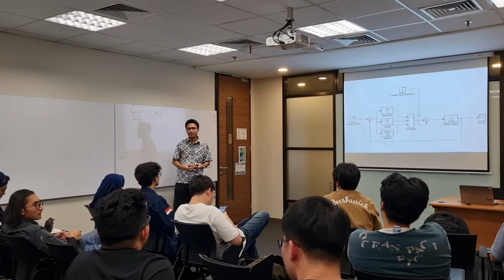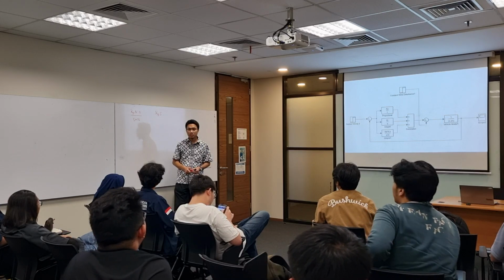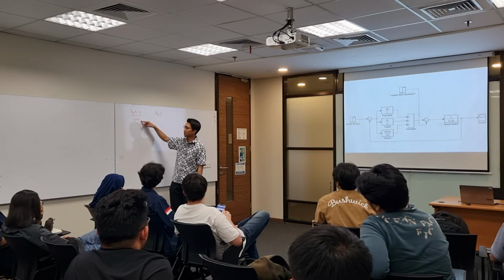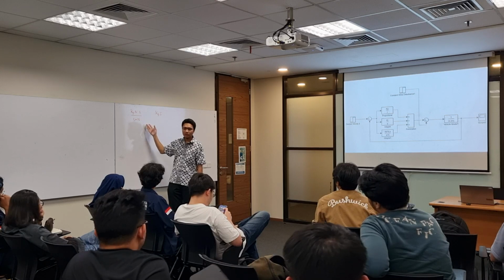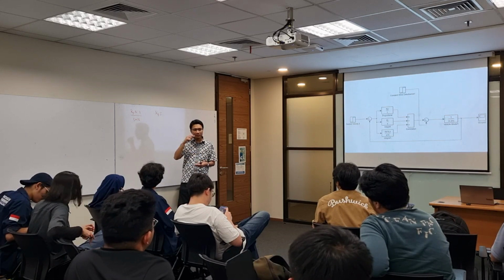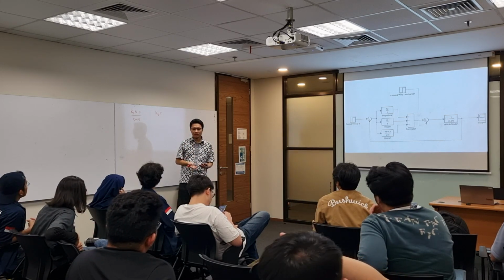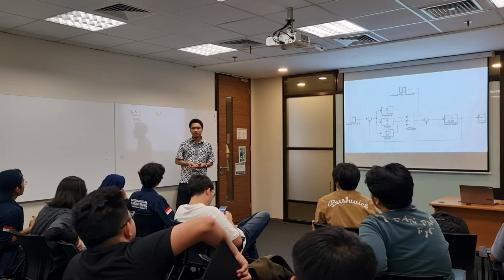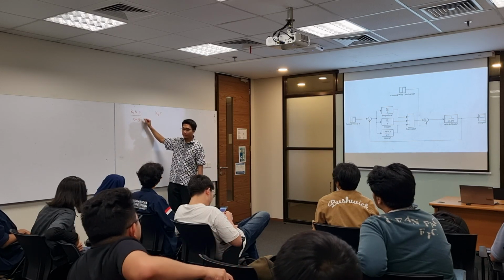Zero, 0 over 0. It's not a 0 over N, so it's 0. So there is nothing happen. That means when the frequency is 0 or you have constant error, the derivative control will not do anything to you.